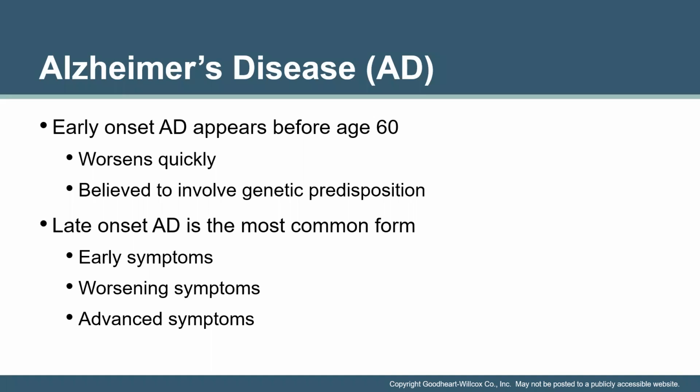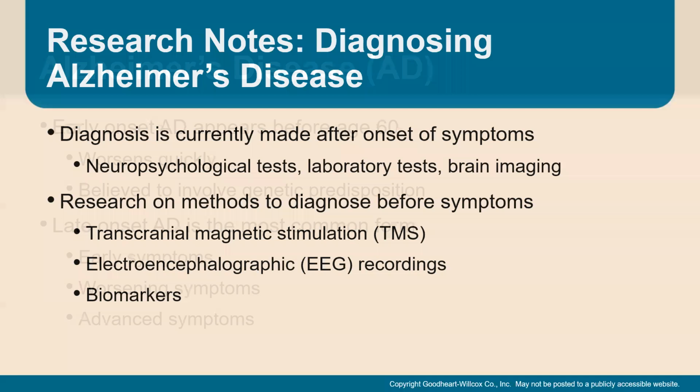So late onset Alzheimer's, most common. It will have early symptoms, and probably about 30 to 40 years prior to its actual presentation, you'll have a traumatic event, whatever happens very far prior. Again, multiple theories of where it begins.